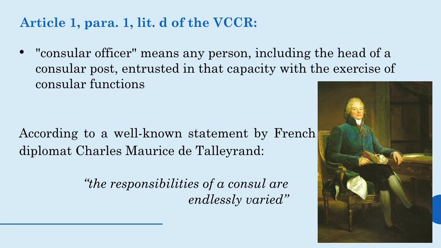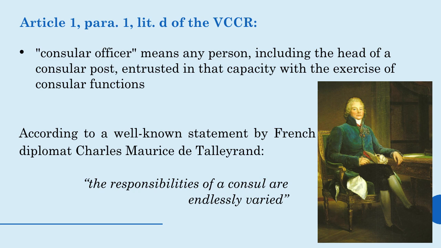The functions of a consul are, however, extremely diverse, because according to a well-known statement by French diplomat Charles-Maurice de Talleyrand, the responsibilities of a consul are endlessly varied. Accordingly, the list of consular functions contained in Article 5 of the Vienna Convention on Consular Relations is a long one and, as can be taken from letter M, not a final one.